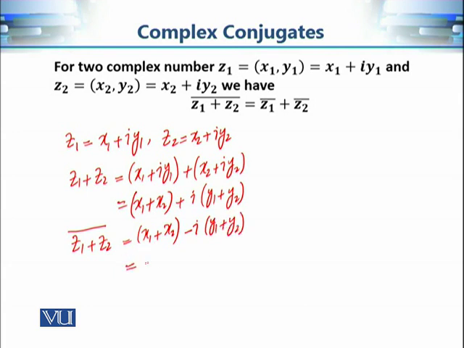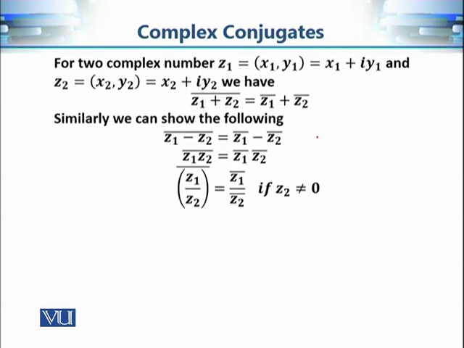So I can write down this number in the following way: x1 minus iota y1 plus x2 minus iota y2. Now we can see that this is in fact conjugate of z1, and this expression over here is basically conjugate of z2. Now on the same lines, we can prove the following properties of conjugate. Now I am leaving these properties as an exercise.